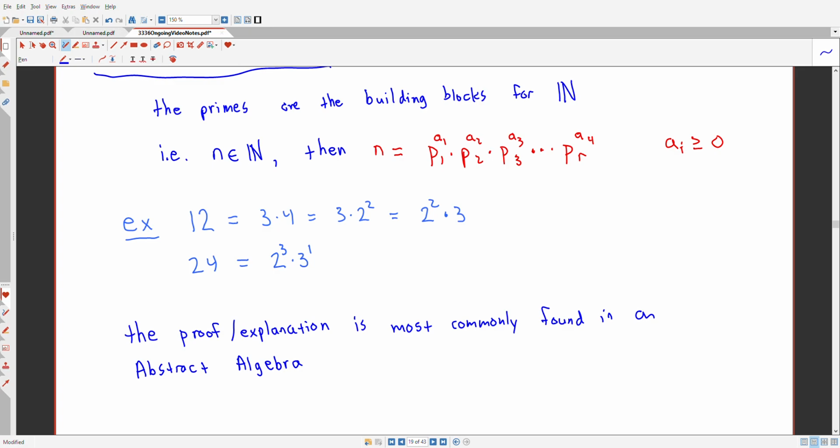One of the most common places you'll see it is if you're a math major, or you just go on to take a few more math courses, including abstract algebra, and there you'll prove a theorem called the fundamental theorem of finitely generated abelian groups.